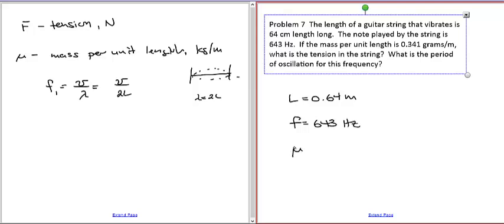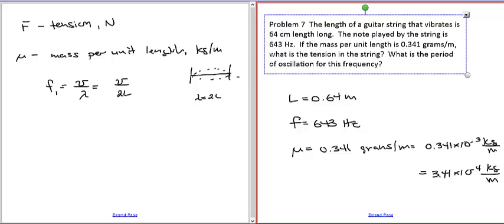And the mass per unit length was 0.341 grams per meter. So that would be 0.341 times 10 to the minus 3 kilograms per meter. Or we could say it's 3.41 times 10 to the minus 4 kilograms per meter. So what I've done there, this changes grams to kilograms, and I've then moved the decimal point 1 space and made the exponent to the negative 4 power. So that's mu.